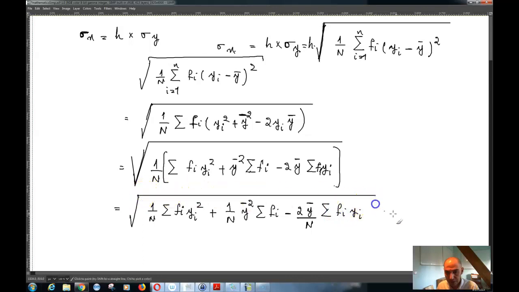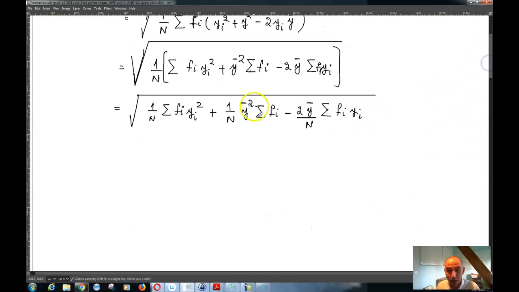The first sigma I cannot do anything with, I just keep it as it is. Sigma of f of i as i goes from 1 to n is equal to n, and this n and this n cancel out. Sigma of f of i y of i divided by n is equal to y bar, and y bar times y bar is y bar squared.